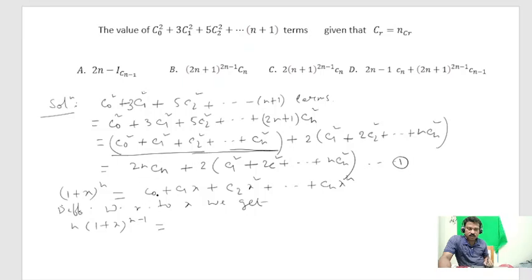Here C0 is constant, so its derivative is 0. Now C1 plus 2C2x plus 3C3x square and so on to n Cn x to the power n minus 1.